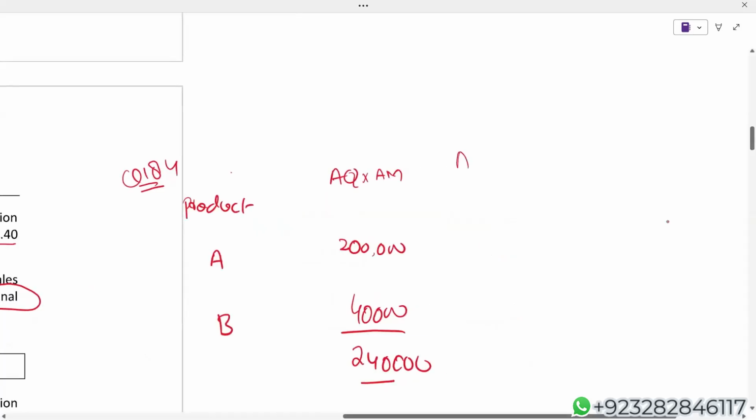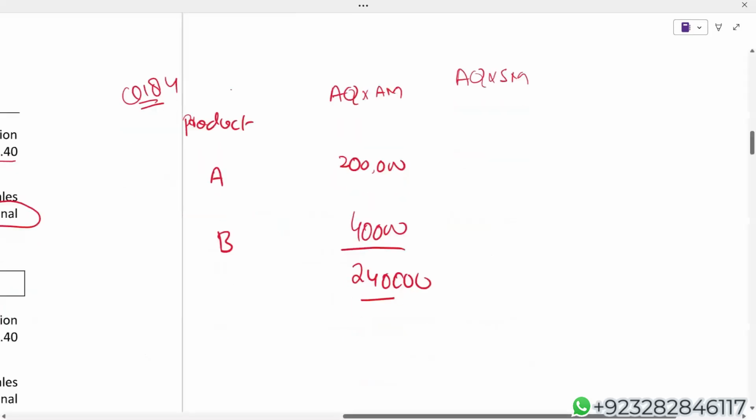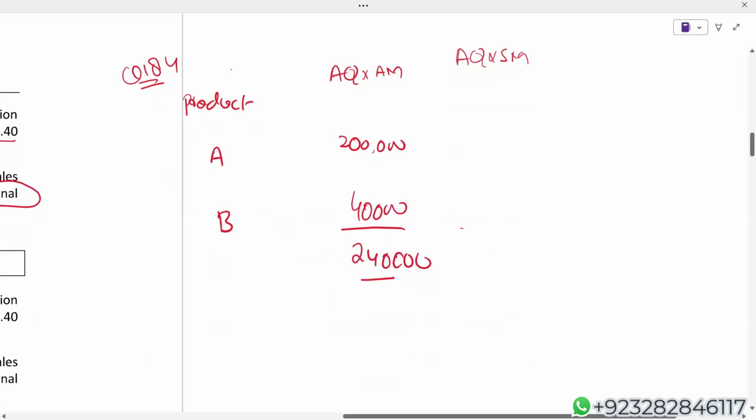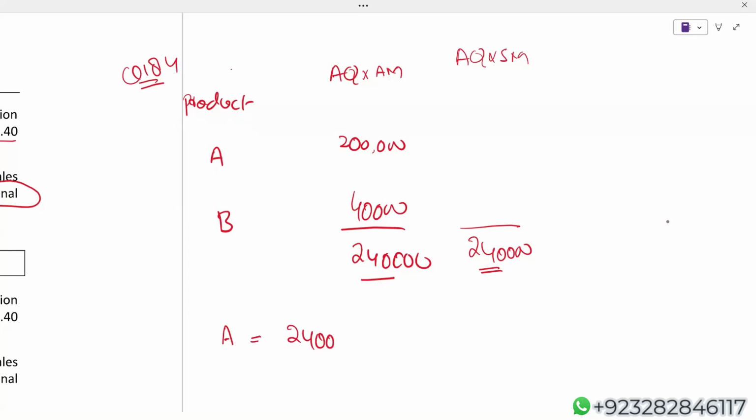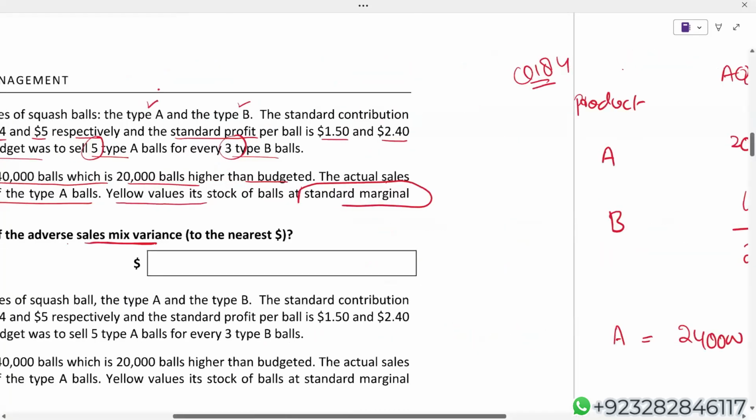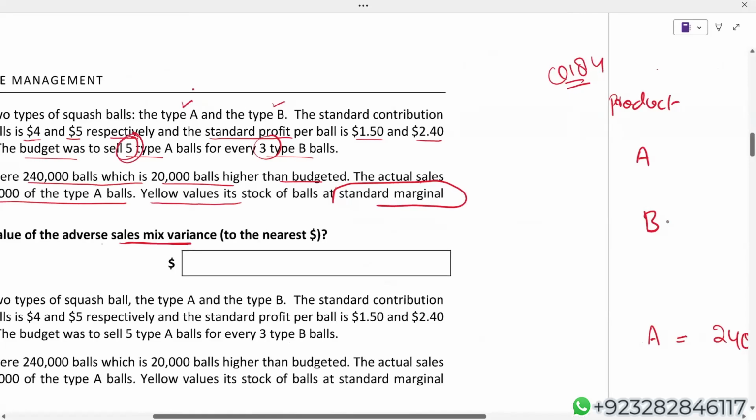Now actual quantity into standard mix. Obviously the total remains the same. So the total is 240 and the ratio they have given us is 5:3.